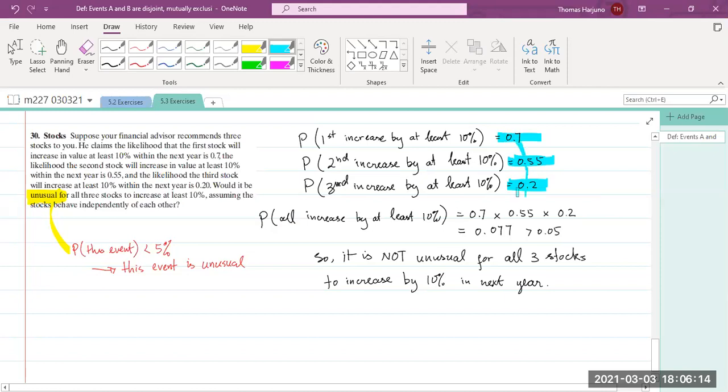Of course, all of these are approximations. But we can quantify that in a way that even if any one of them fails to increase by at least 10%, we can play with the configuration so that it's still safe and they still make money.